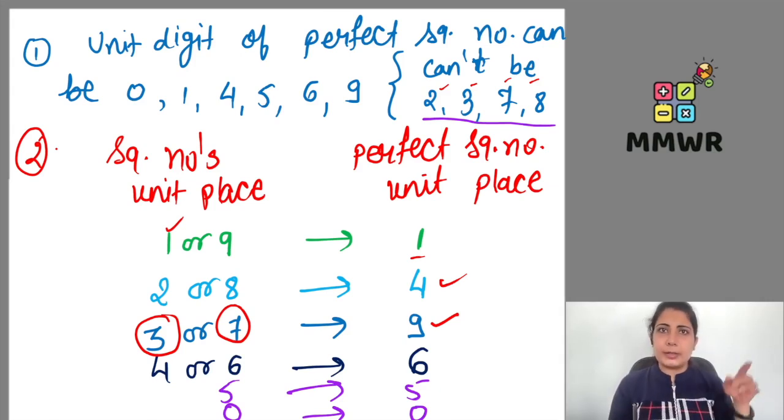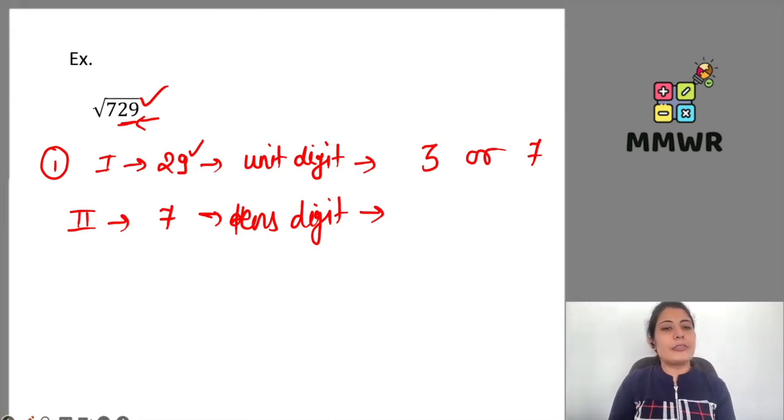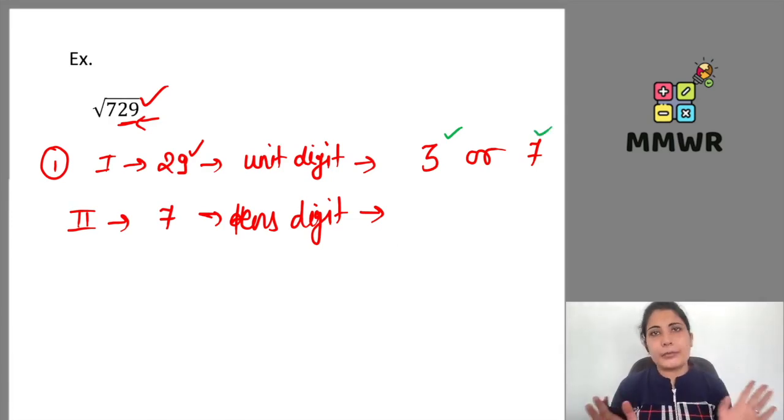According to this table, the properties which we have concluded from observing the squares from 1 to 20, either 3 should be there or 7 should be there. The last digit of the square root of this number should be either 3 or 7. Now exactly what it will be, that we don't know.